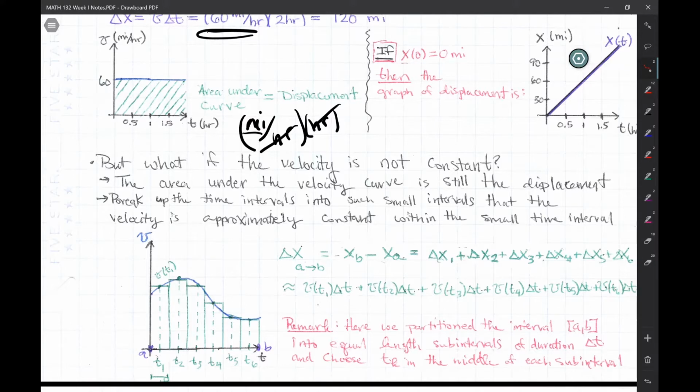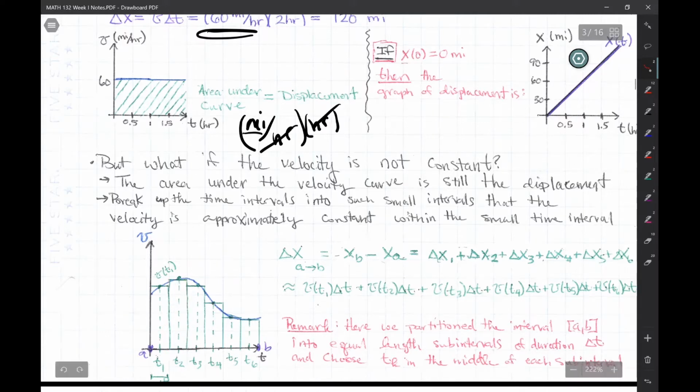Here's one possible way to sort out this problem. You'll say, over the interval a to b, the velocity is indeed not constant. So I can't just take the velocity and multiply it by some time. But what if I consider very small time intervals?